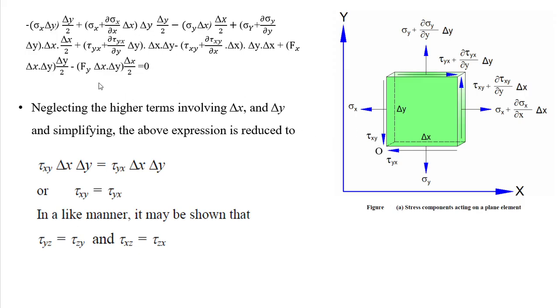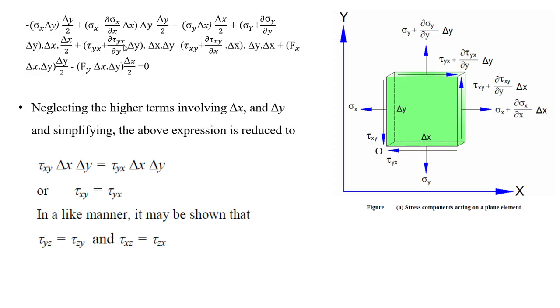After solving this equation, after neglecting the higher terms involving del x and del y, you can see del square y, this one we used to neglect. Del x into del square y here also we used to neglect. Okay, and in this particular case also we used to neglect, and in this case also we used to neglect. Okay, we can get the equation tau xy into del x into del y, but in the second case we can see del square y.